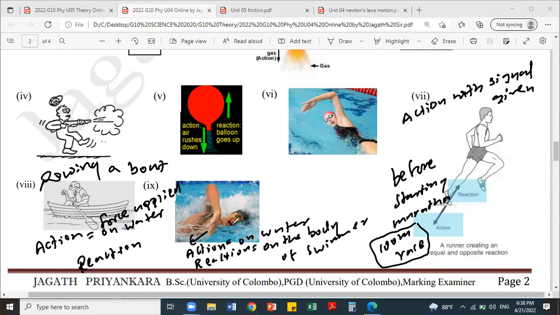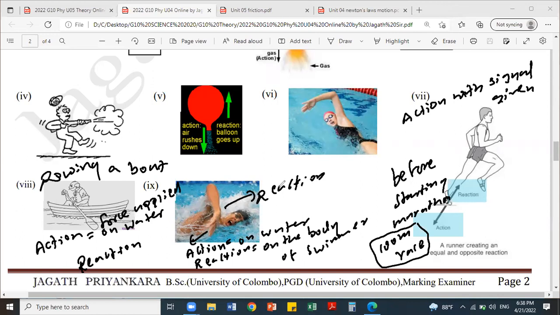So therefore he can swim forward due to the reaction. If you make the action with a greater force, you push water backwards with a greater force, you will get the reaction also greater. That means you can swim fast.